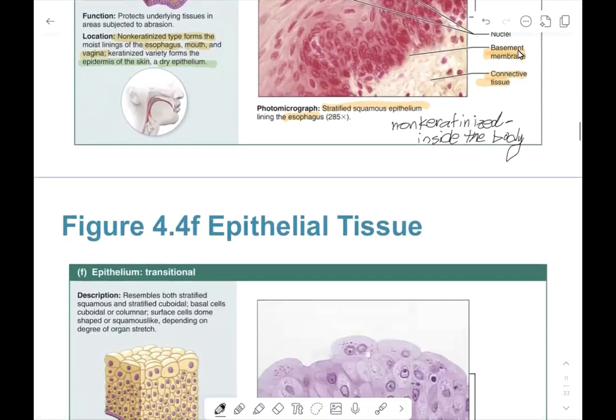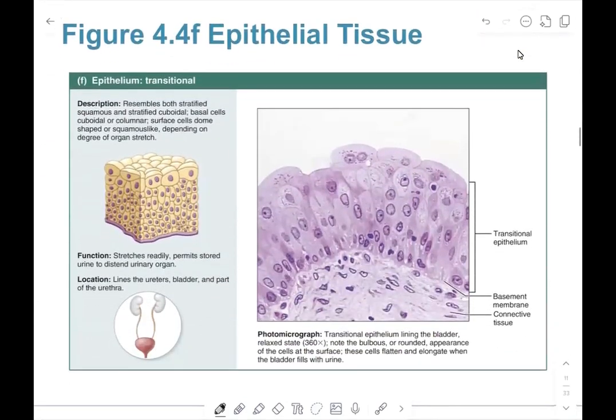Our last type of epithelium is what's called transitional epithelium, and it is also going to be many layers thick. It literally transitions from stratified squamous to stratified cuboidal, depending on the degree of the organ stretch. The big characteristic of transitional epithelium is that it stretches readily, which permits the storage of urine in a distended urinary organ.